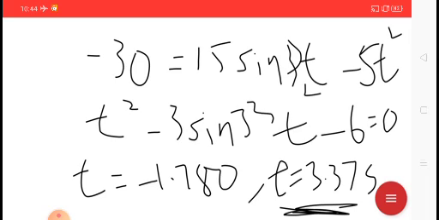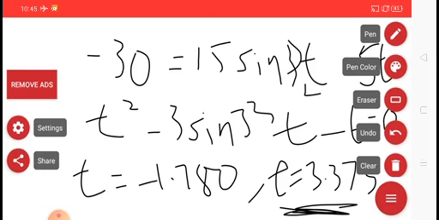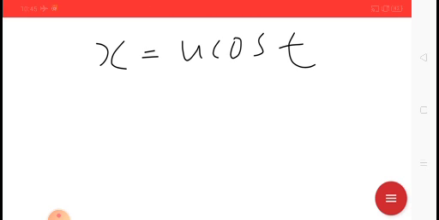B. Find the distance between the base of the cliff and where the stone lands. You have the t already, and this is actually the range. You know that x equals u cos theta times t.